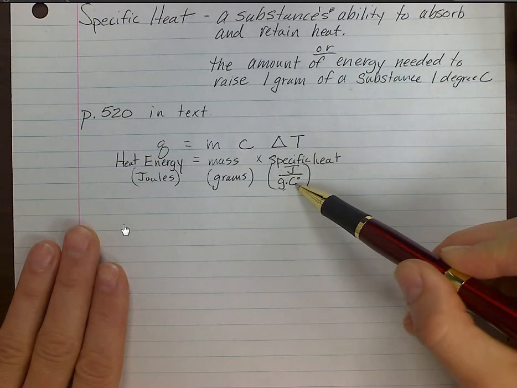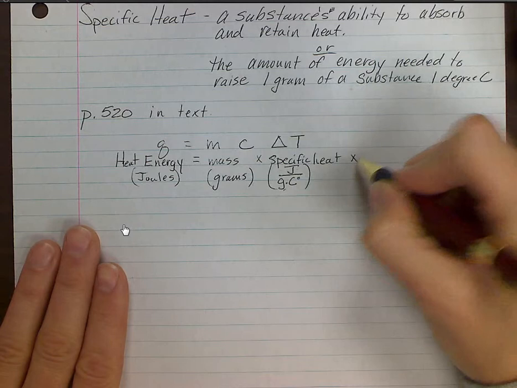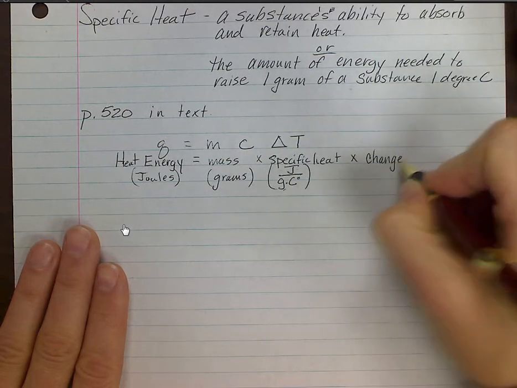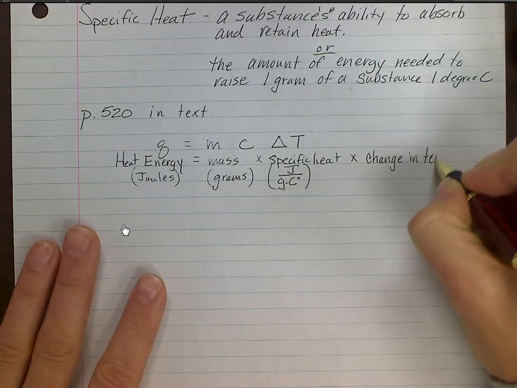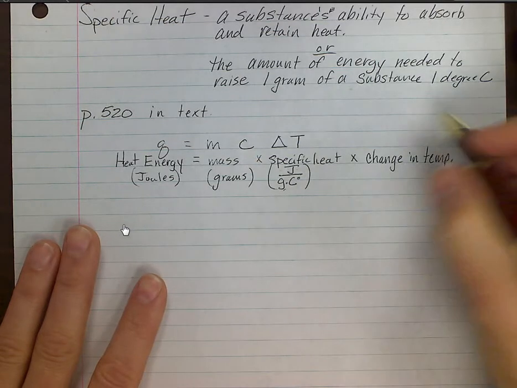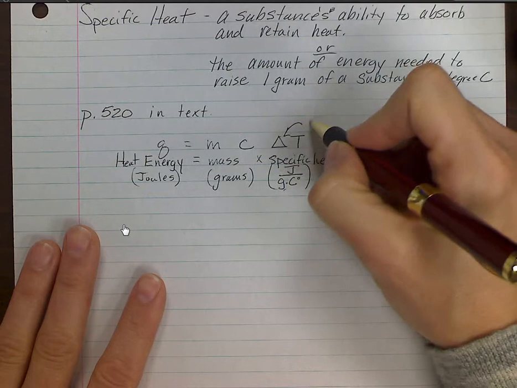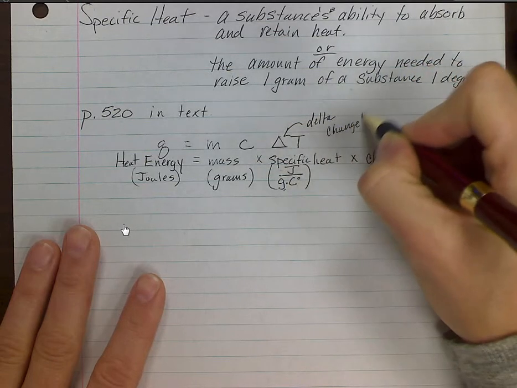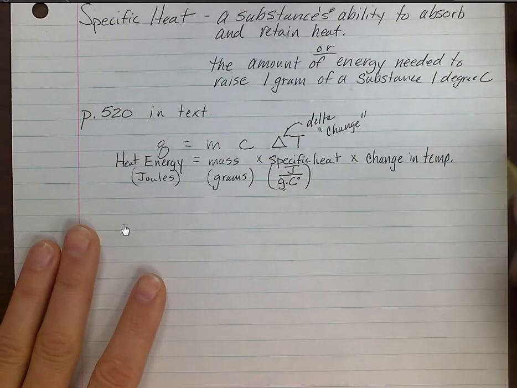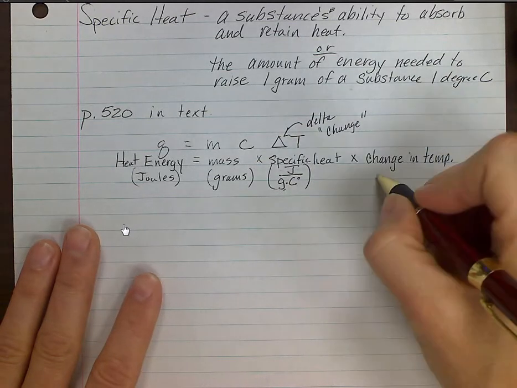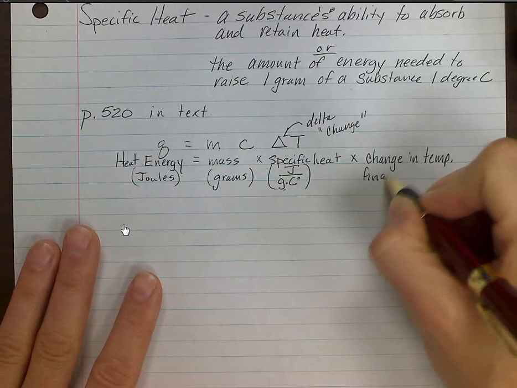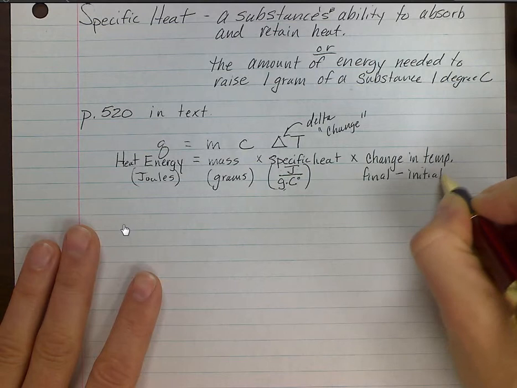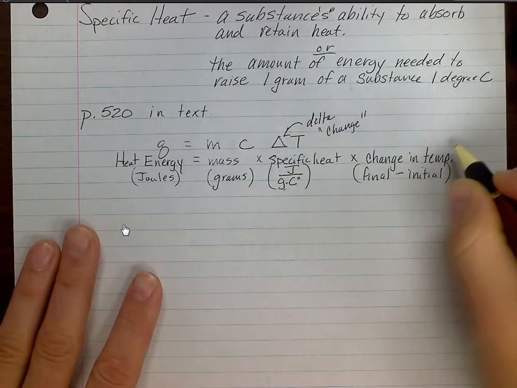And then delta T means change in temperature. This Greek letter delta is always going to mean change in science. When you find the change in something, you subtract. You take the final minus the initial, or starting, temperature. That's always how you find change in temperature.